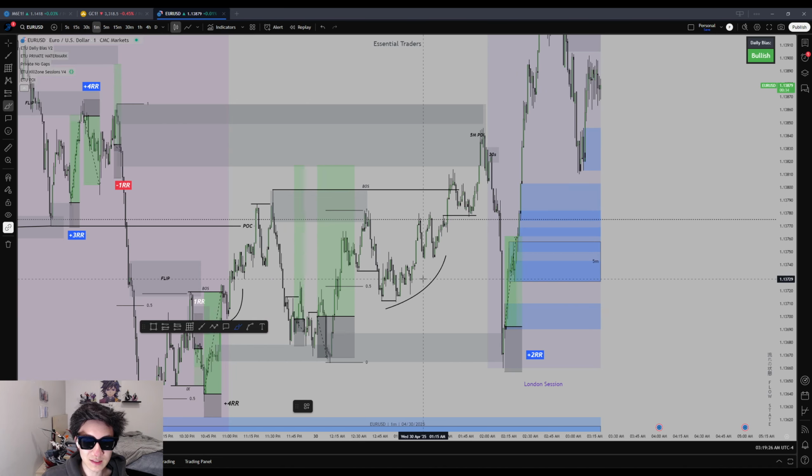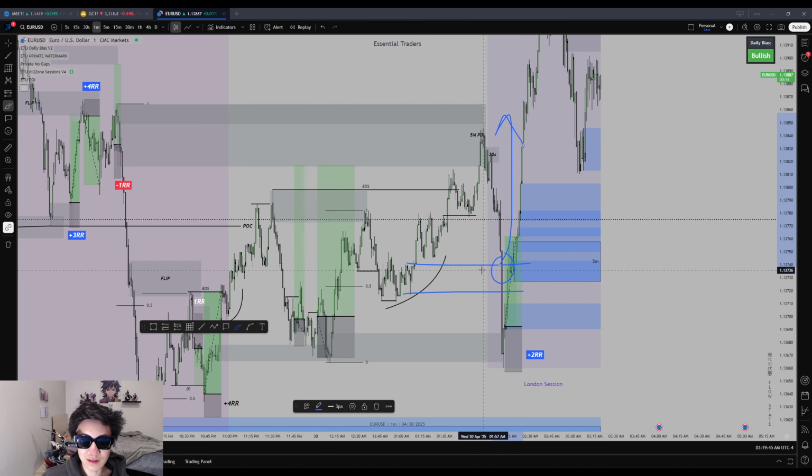Now, of course, this is not inducement here if we are gonna continue higher, in terms of if we didn't have this move here. If price did not break through this PY here and held it, this is then inducement. So this here is inducement for this PY here.